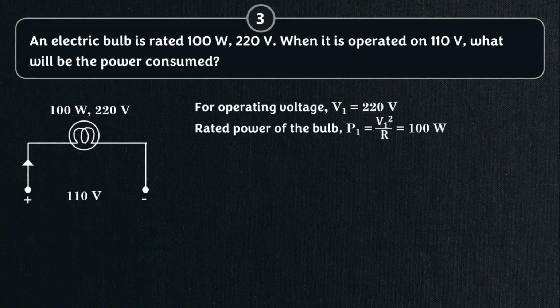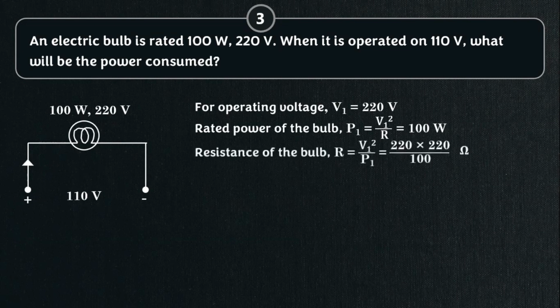The resistance of the bulb will remain constant even if we connect it to a different supply voltage. Therefore, let's find the value of resistance. Resistance of the bulb R is equal to V1 square divided by P1. That is 220 square divided by 100.